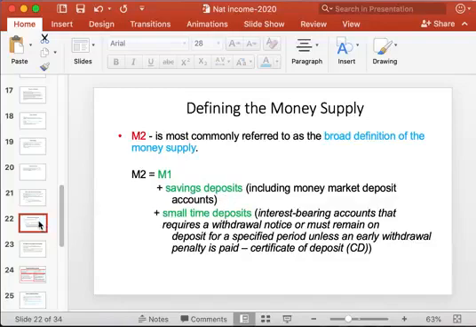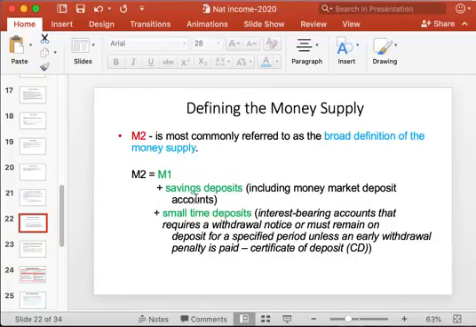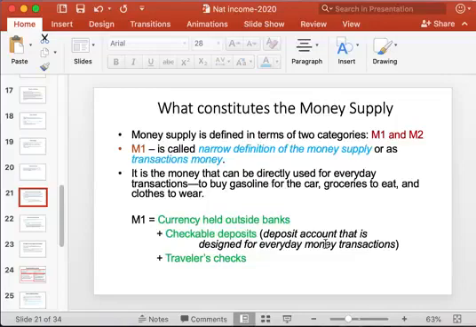Now there is a difference between checkable deposit and savings deposit. Checkable deposit is meant for business people, for example, who need to transact money every day, or need to withdraw money from the bank quite often.